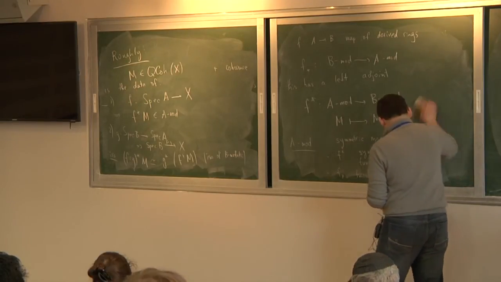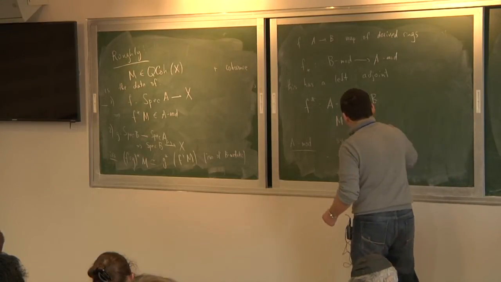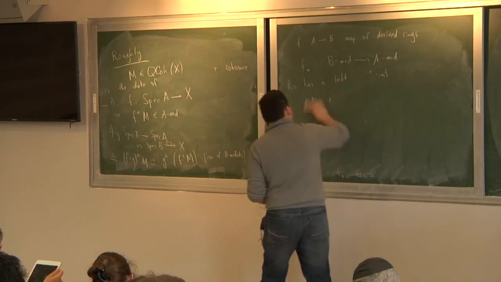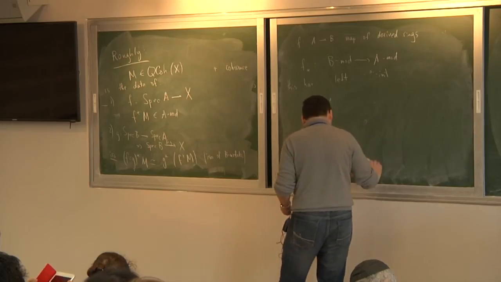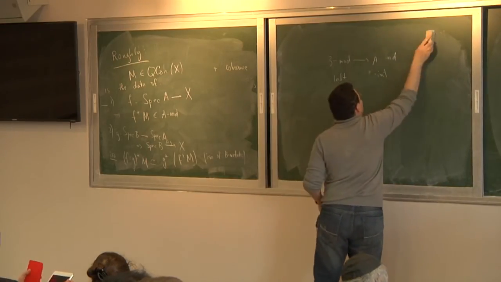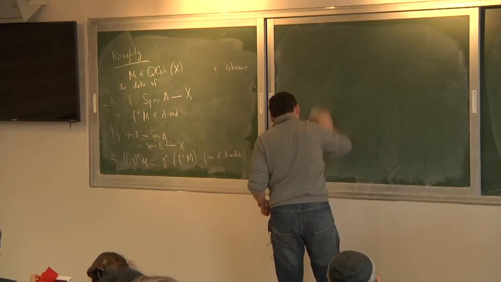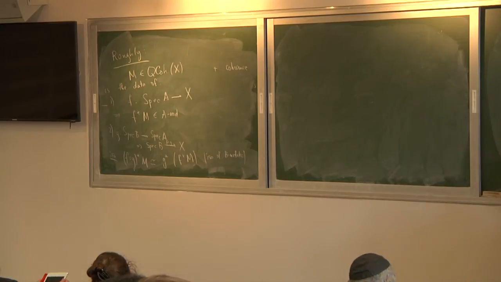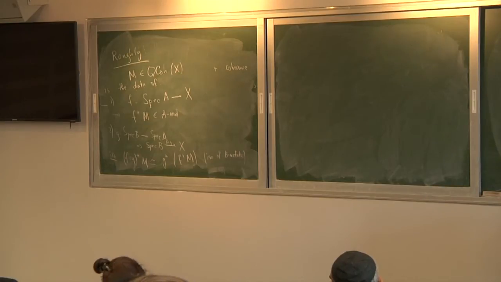But now, let's see how to work with such things. In order to work with such things, we'll first need some more formal properties. First of all, I'll observe that for tautological reasons, if I plug in an affine scheme spec A into this formula, I will get back what I expect: this really just recovers A modules.